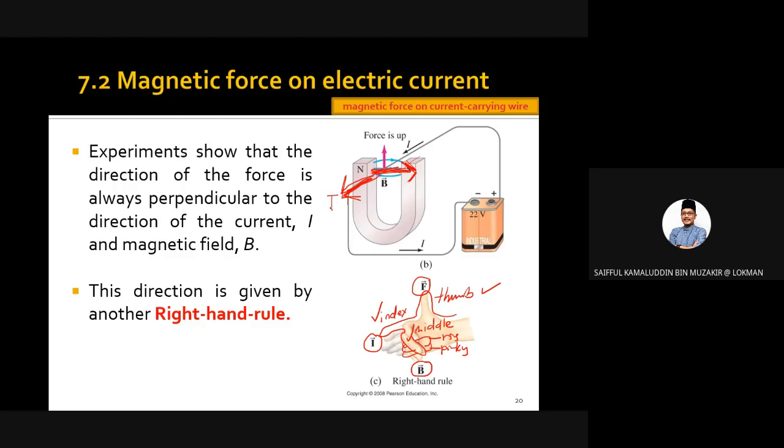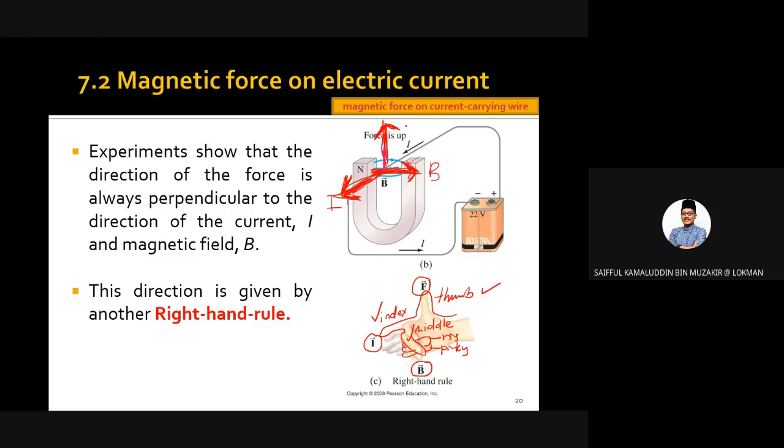So if this is the I, this is the B. Where is the F? Align your index and middle. Your index finger follows this direction. Middle finger follows the B direction. So index over there, B over there, and finally you will get your thumb showing the upward direction.